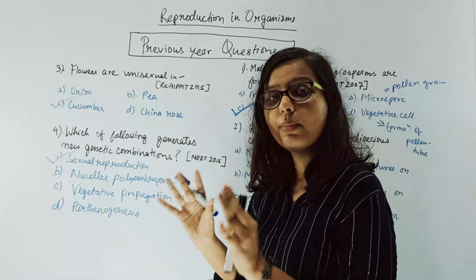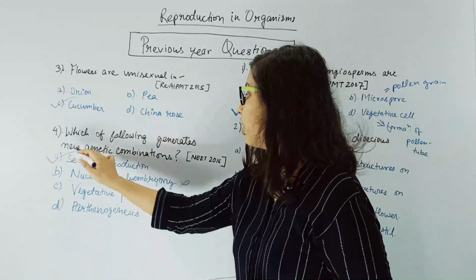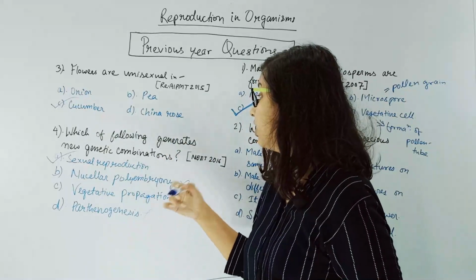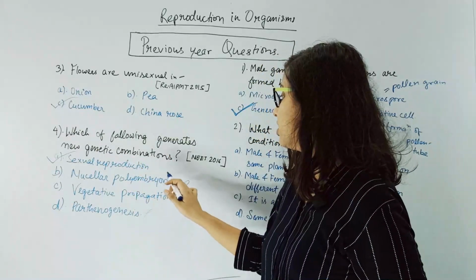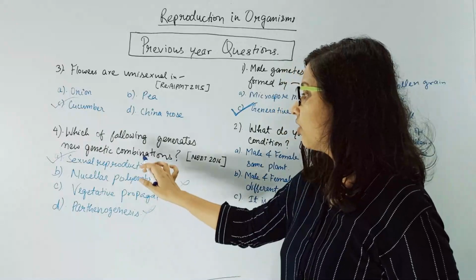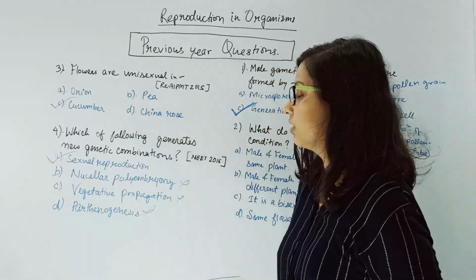No new genetic combination is generated. Your question was in which of the following a new genetic combination is generated. Parthenogenesis does not generate a new genetic combination, so the answer is sexual reproduction.